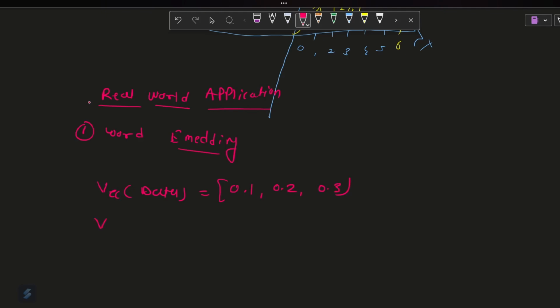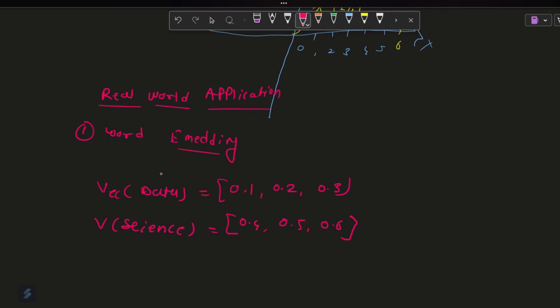Similarly, we have a vector signs, and its representation is something like 0.4, 0.5, and 0.6. So we have two vectors, data and signs.